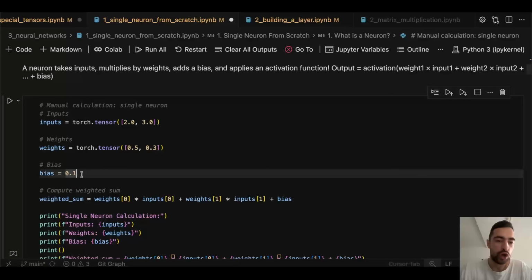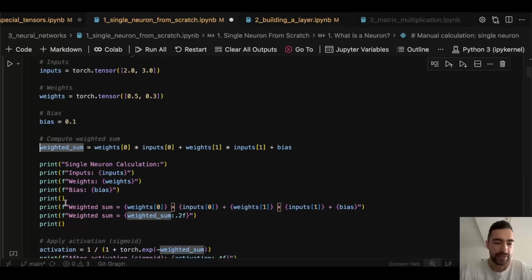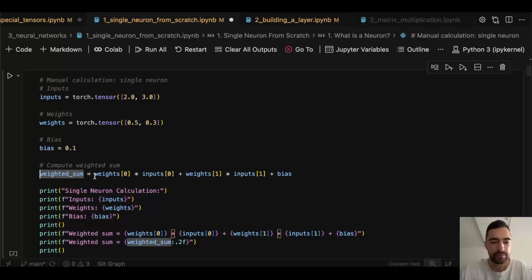Now we could also have a bias. It's just a single number that's added for the entire layer, the entire set of weights. The entire set of weights has a single bias number, and you see here the output, the weighted sum, is going to be this weight times this input plus this weight times this input, and then at the end we have some bias. So bias is also learned.